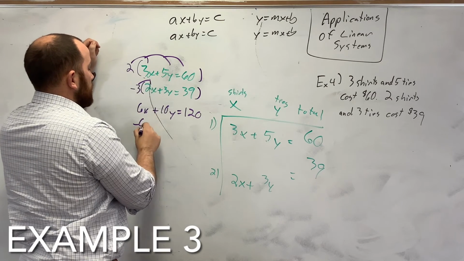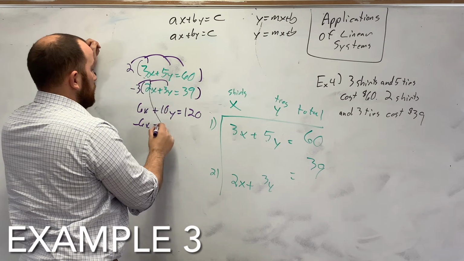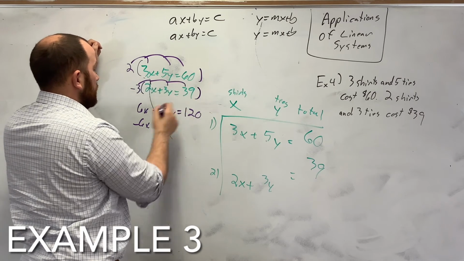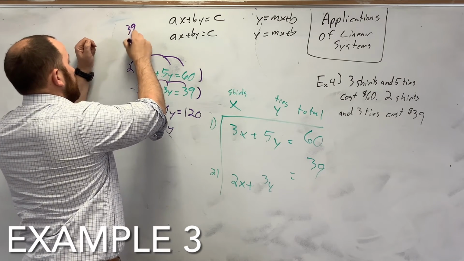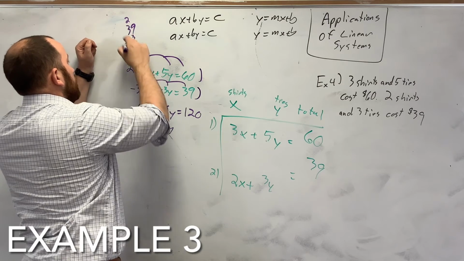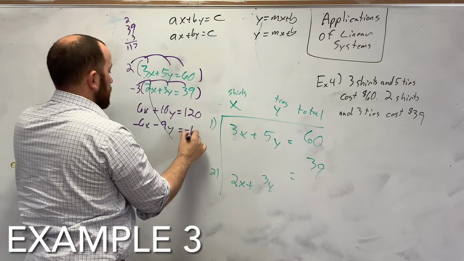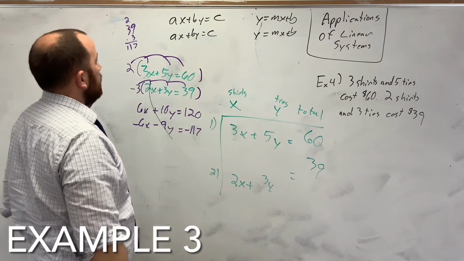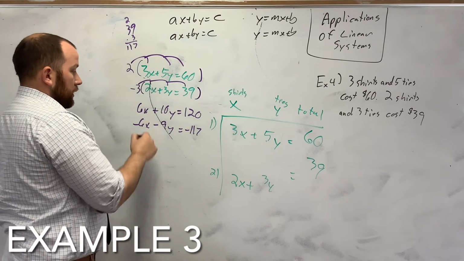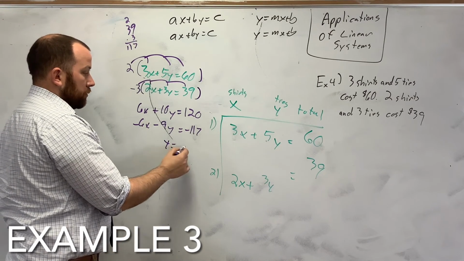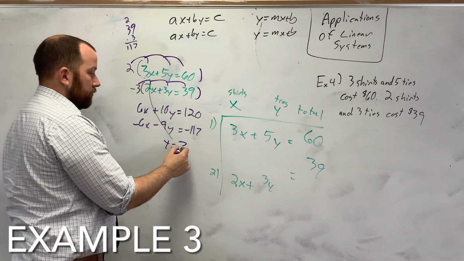That gives me negative 6x minus 9y equals negative 117. That gives me y equals, that's simple, 3.